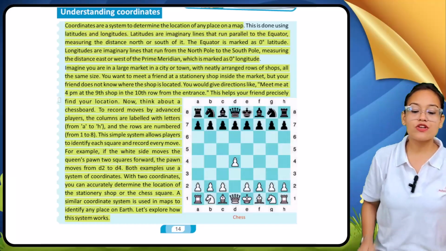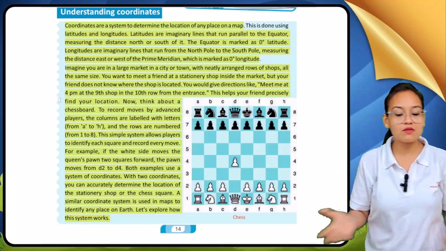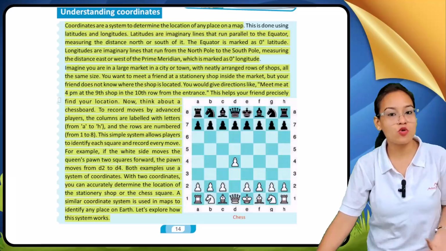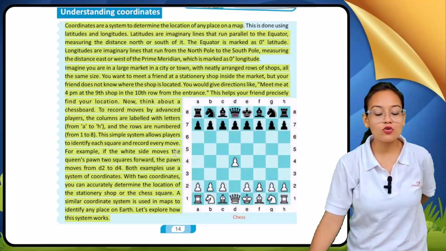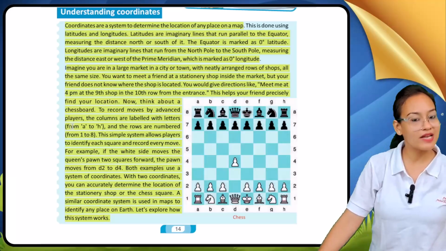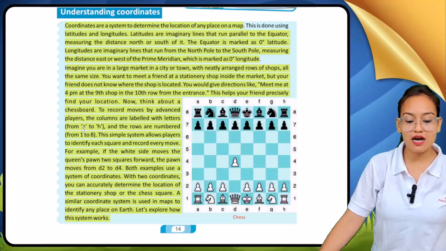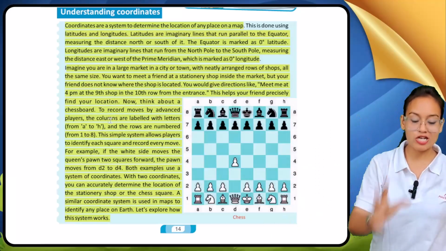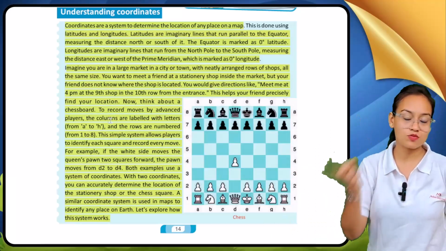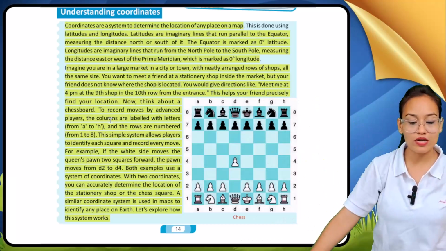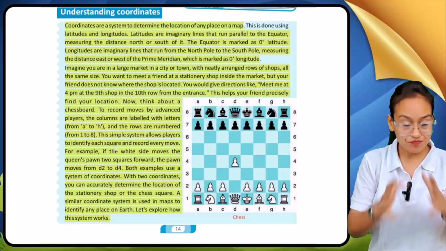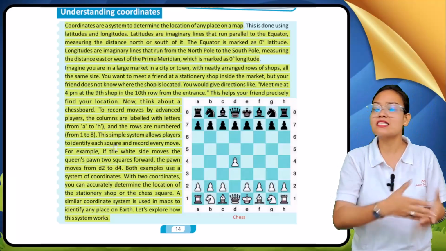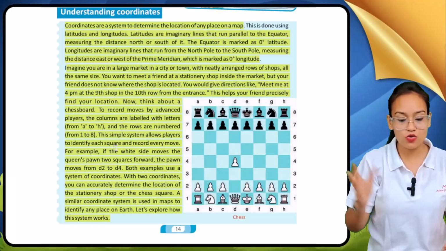Now, to record moves by advanced players, the columns are labeled. Here the example of a chessboard is also given. If you want to record moves, then the columns are labeled with letters. The columns of the chessboard are labeled A to H, means A, B, C, D to H, and the rows are numbered, which means on a chessboard we can see alphabets as well as numerals.